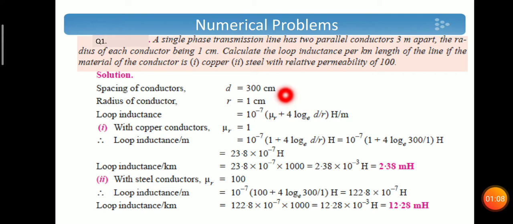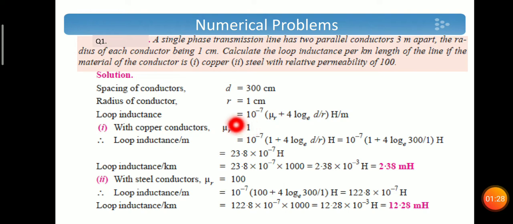The inductance, as we discussed, in a single phase line, LA equal to 10 raised to minus 7 into (0.5 plus 2 log d by r). And loop inductance is 2 times LA.